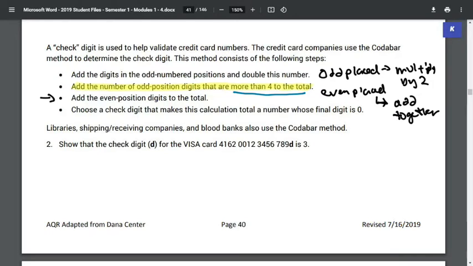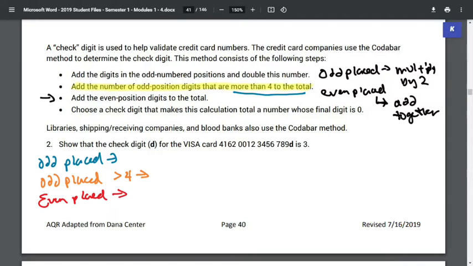The way that's going to look in a problem, we need our odd placed numbers. Switching color up here, we need what I'm going to call our odd placed that's greater than 4. We'll get all of those numbers. And then lastly, we'll get our even placed numbers.